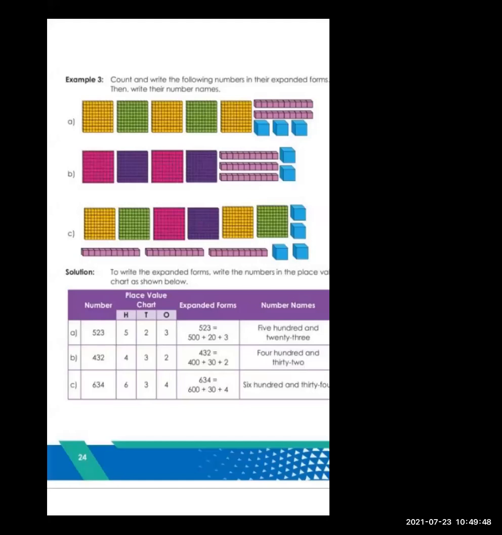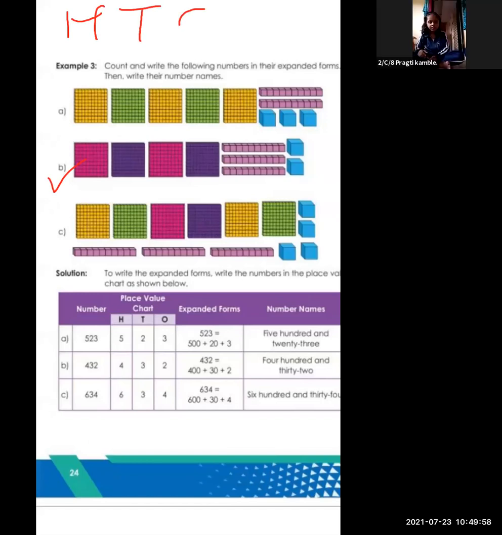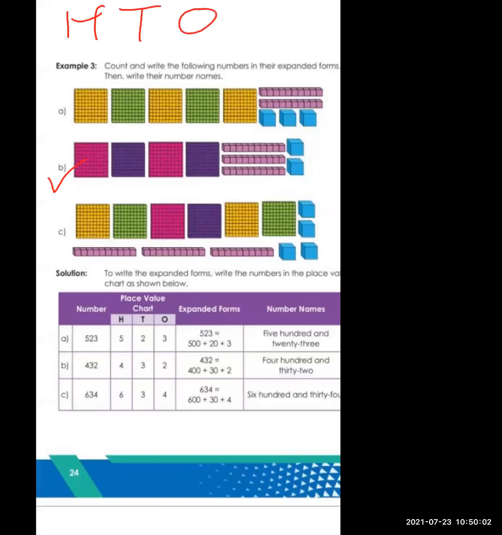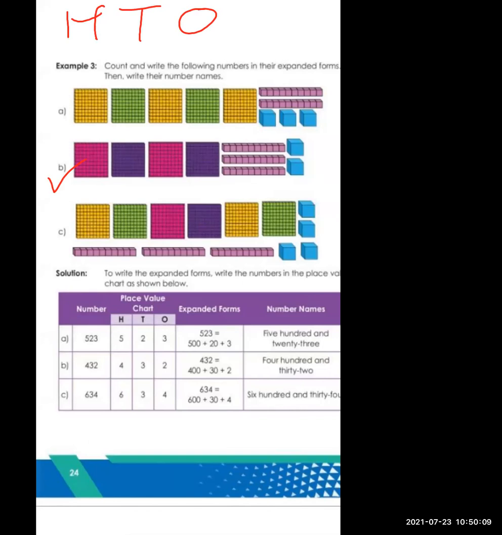Okay, Pragati, in our textbook, there is a second question. So tell me how many hundreds are there? कितने hundreds है वो बताओ मुझे. Count करो जो box है ना, the box that is the 100. How many hundreds are there? Just count it properly, beta.